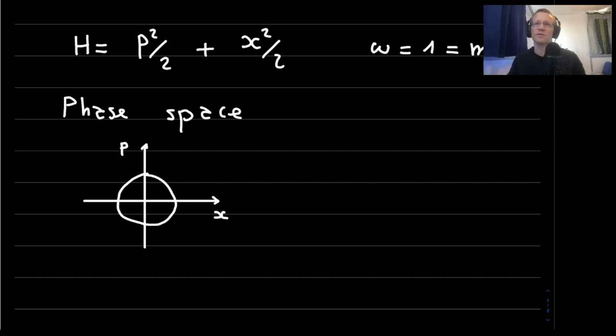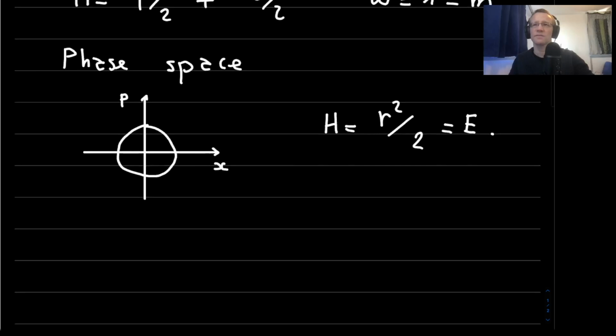This is because the Hamiltonian is basically the radius square divided by 2, and this is equal to the energy. So this is the classical harmonic oscillator in phase space.